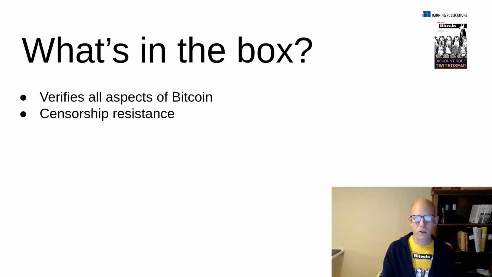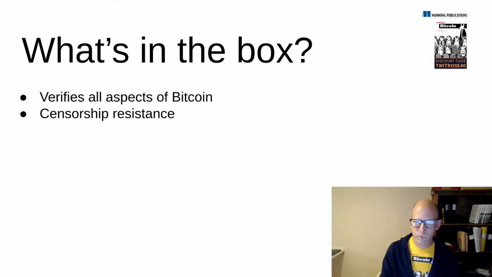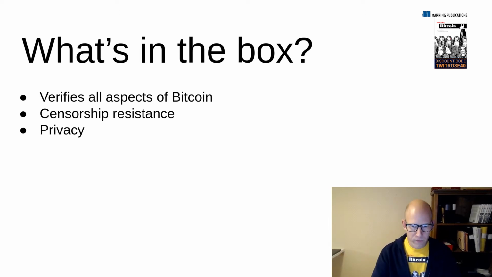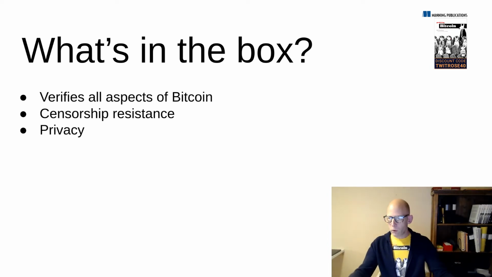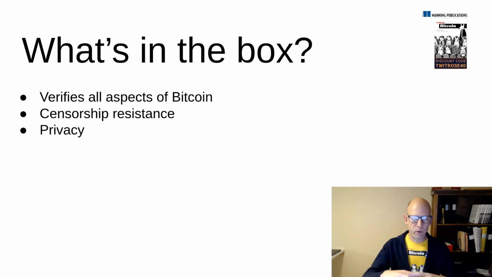And it's censorship resistant. It means that no one can stop you from sending transactions or receiving transactions, or anyone else from sending or receiving transactions. And it's more private than the other options, because a Bitcoin full node will subscribe to all data in the Bitcoin network.